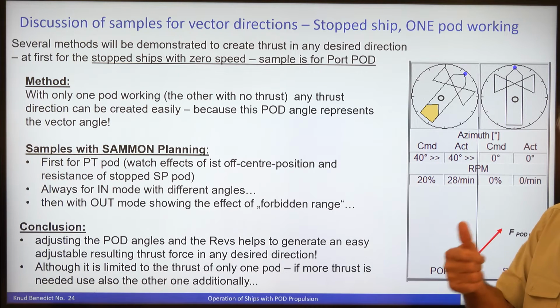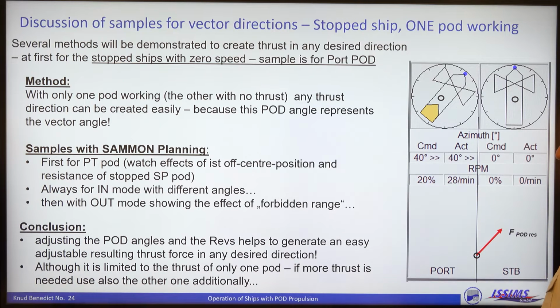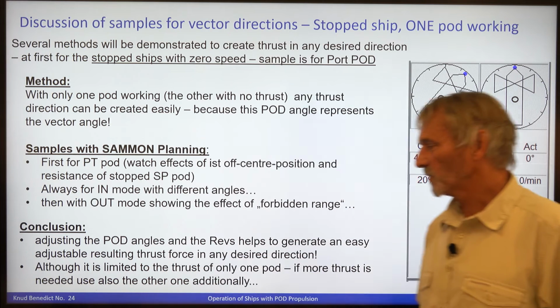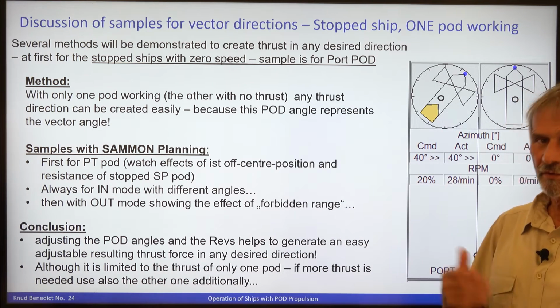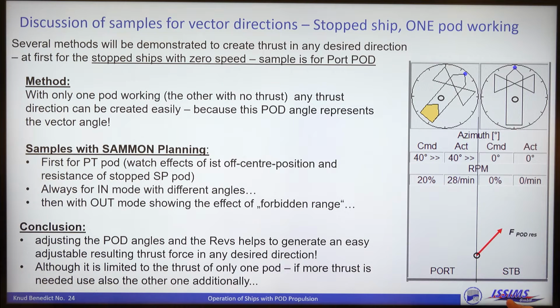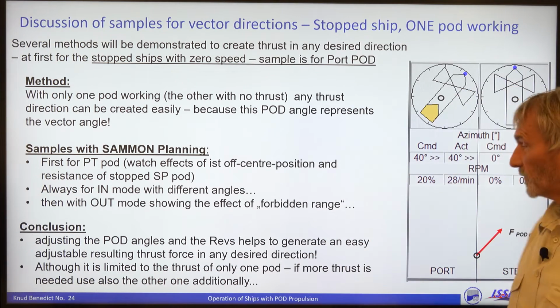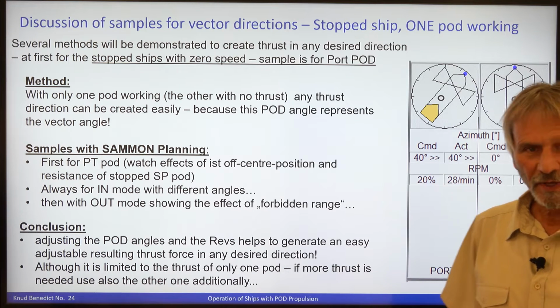If you only use one pod, then you don't have to calculate, you immediately know this is my thrust direction. Although this is limited in thrust if you only use one pod. If you need more thrust for a certain situation, then you need the other pod as well. And then you have to use the so-called vector diagram. And this will be shown in the following section.